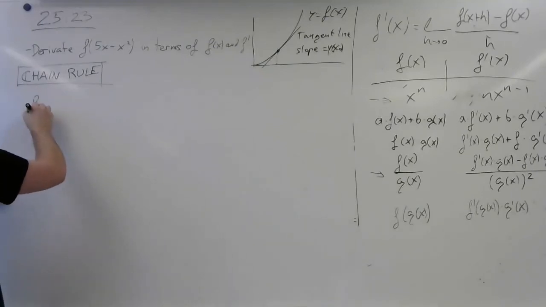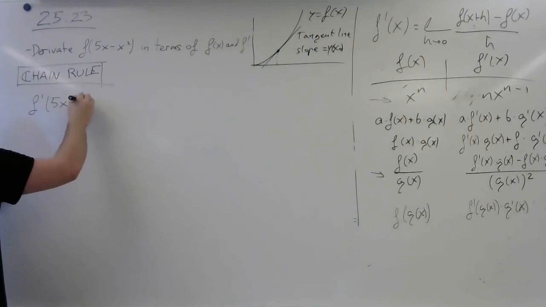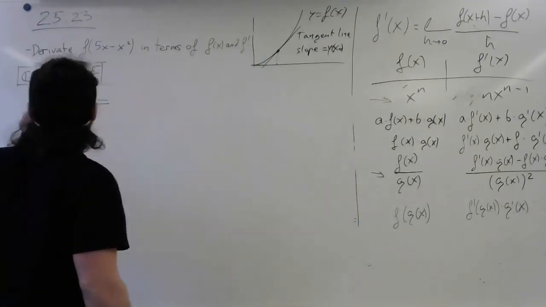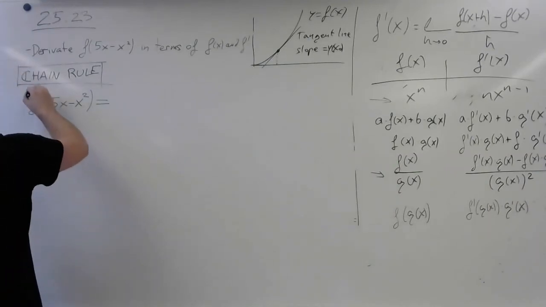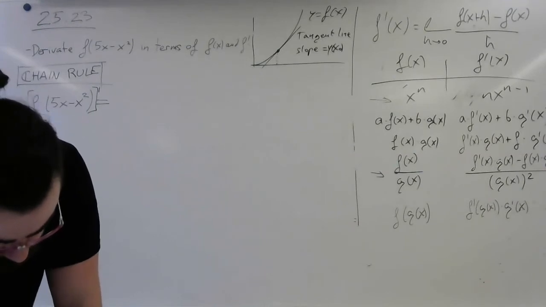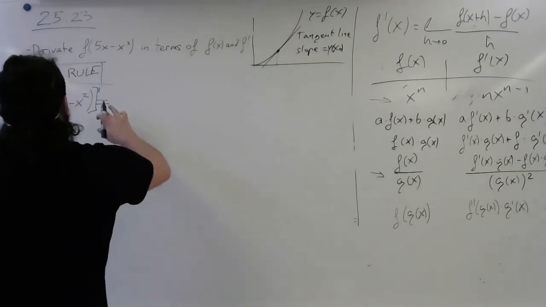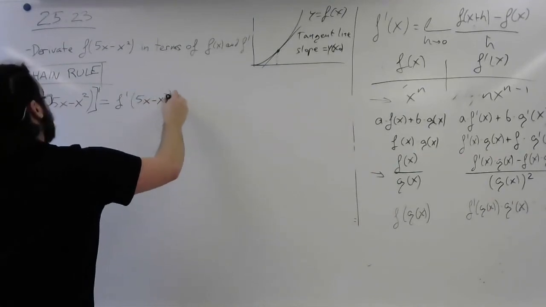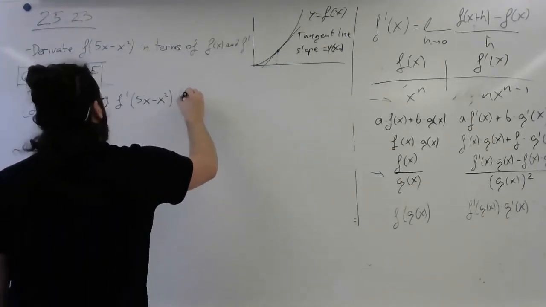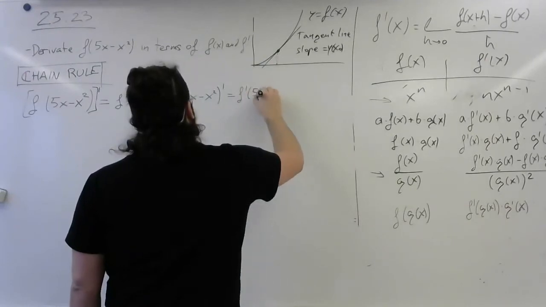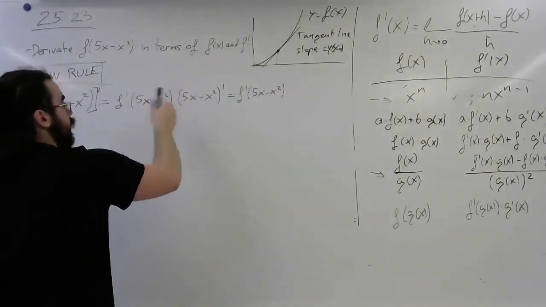And the chain rule says that the derivative of f in 5x minus x squared is f prime evaluated in this point times the derivative of this. And this is 5 minus 2x.